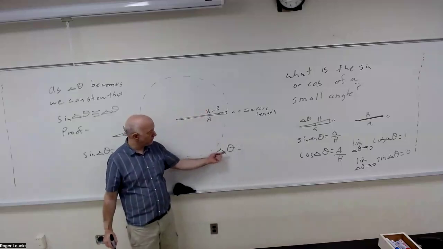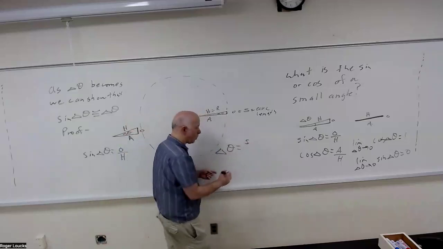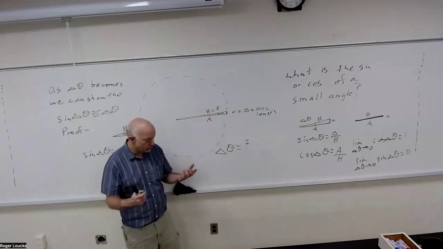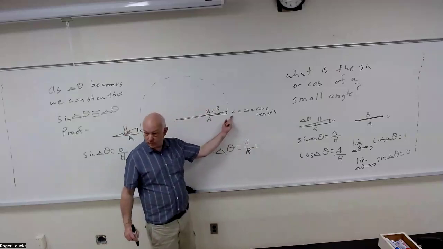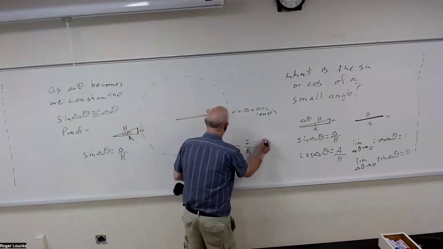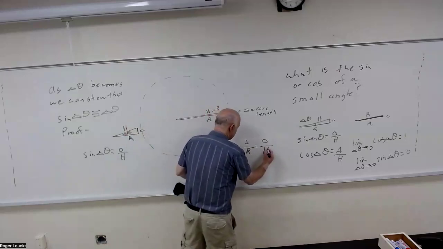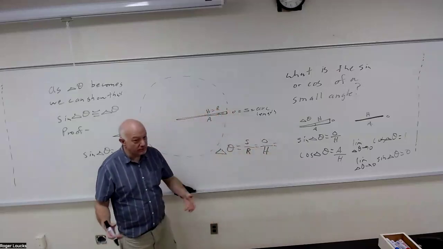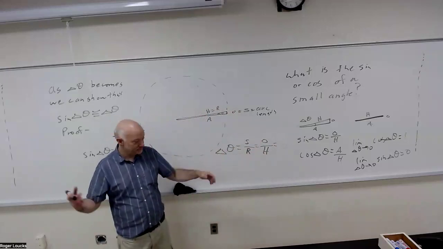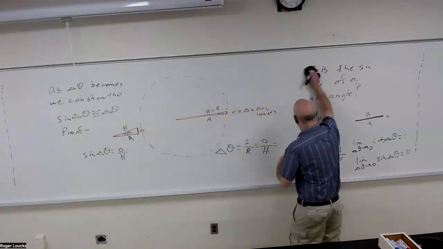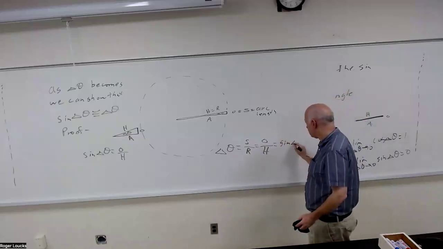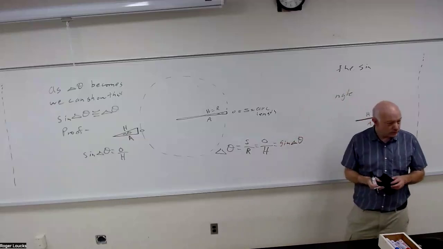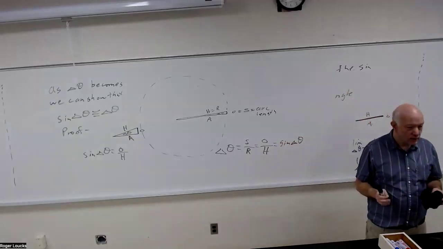In terms of radius, it is the arc length S over the radius. But my arc length S is my opposite, and my radius is now my hypotenuse. Does opposite over hypotenuse have another name? Sine. So this is going to become my sine of delta theta. That makes sense?